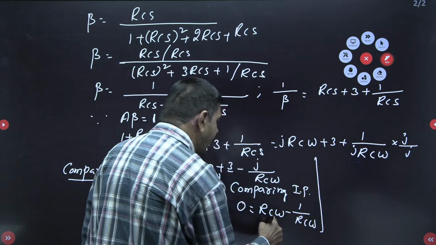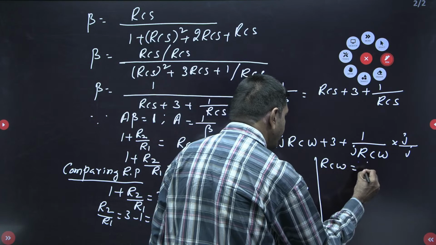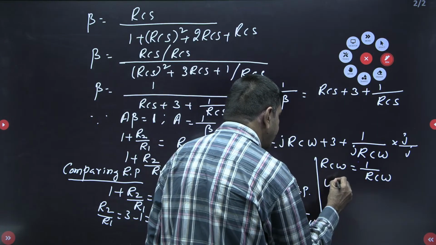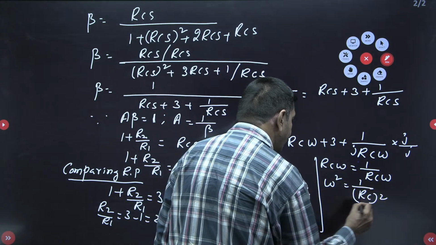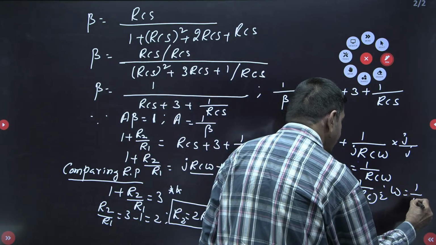Finally, RC omega equal to 1 by RC omega. Omega square equal to 1 by RC square. And omega equals 1 by RC.